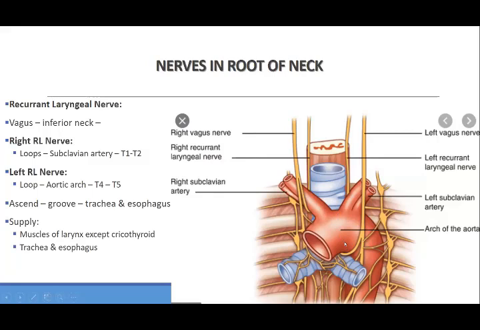At what level does it loop or hook around the arch of aorta? That level is the 4th or 5th thoracic vertebra. So at the level of T4, the recurrent laryngeal nerve hooks around the arch of aorta on the left side.